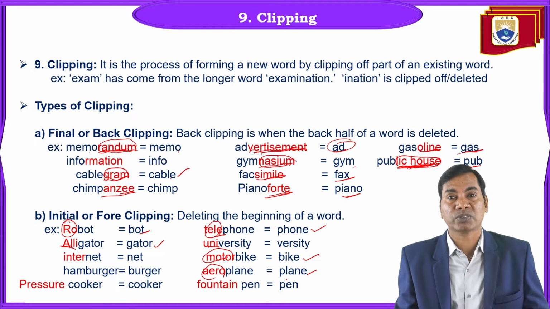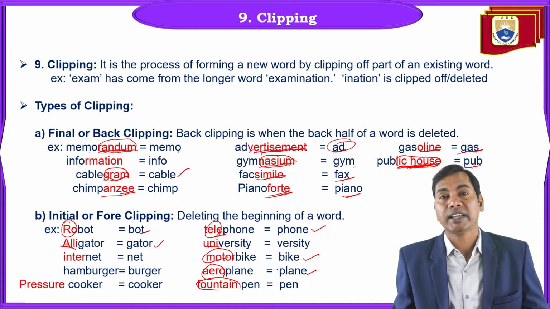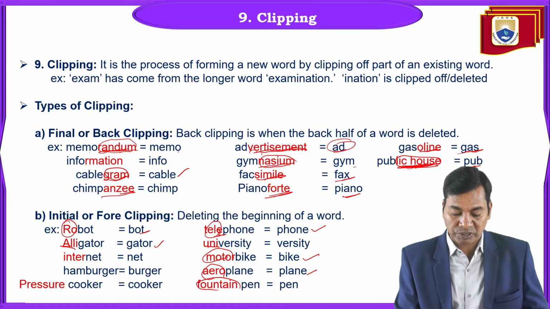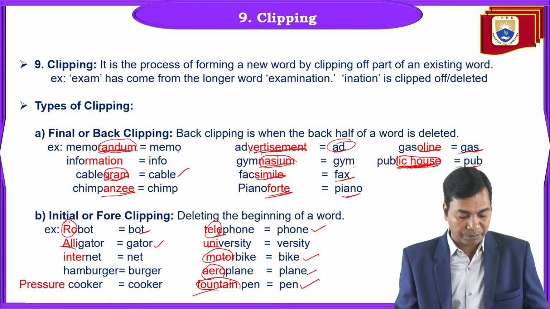Fountain pen, no one says that now. We know only pen. But we got that word pen by clipping off the initial part of that word fountain pen. The fountain is removed and we use only pen now, which is created by using the initial clipping or fore clipping.